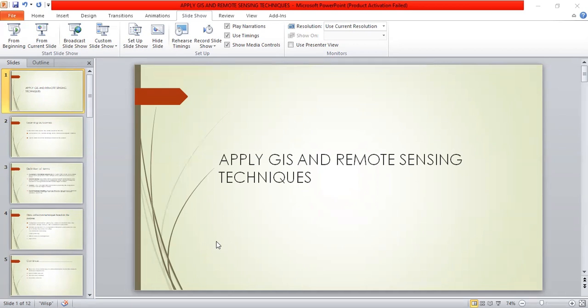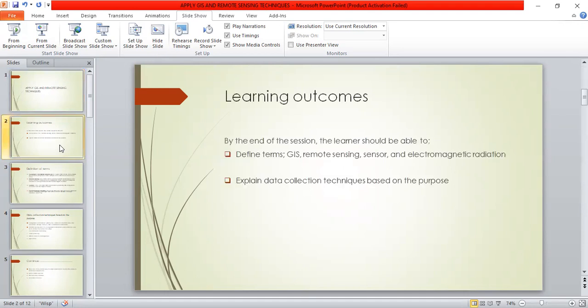In this, we are going to cover two learning objectives. I want Sharon to read for us the learning objectives that we are going to cover today.